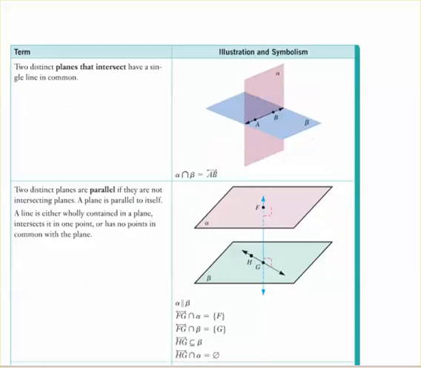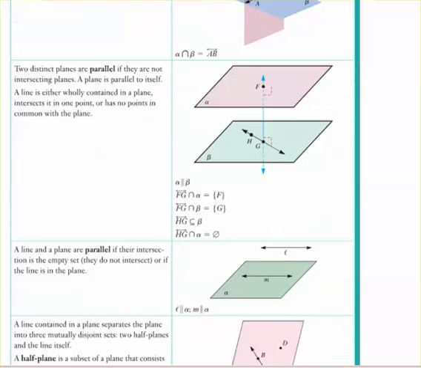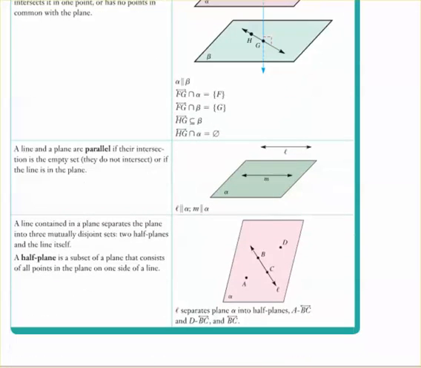Let's see what else we have here as far as vocabulary. A line and a plane are parallel if their intersection is the empty set, meaning that they do not intersect, or if the line is in the plane. So for instance, this line L is parallel to this plane because they're running side by side and never going to touch.